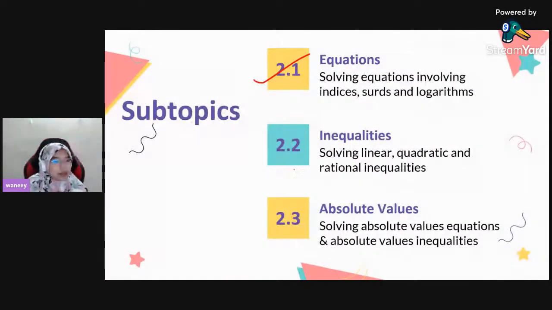Now we are at subtopic 2.2, inequalities, where we are going to learn how to solve the linear, the quadratic, as well as the rational inequalities. Rational over here means that we do have some fractions, so p(x) over q(x). Those are rational inequalities. Quadratic, that means the highest power of x, of course, should be x squared. Linear, the highest power of x will be x to the power of 1.